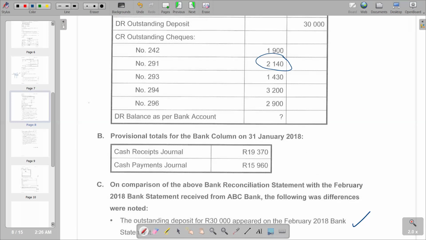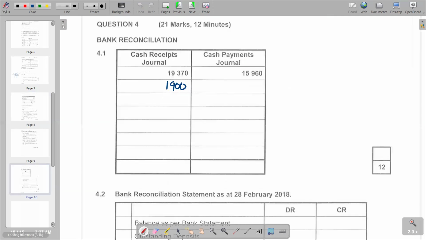So as it is lost, we will remove it. Remember, initially when it's an outstanding check, it will be under the cash payments journal. So all these entries that are outstanding checks are under the cash payments journal. So since it was lost, we first of all remove it from our books. We remove 2,140 under the cash payments journal.